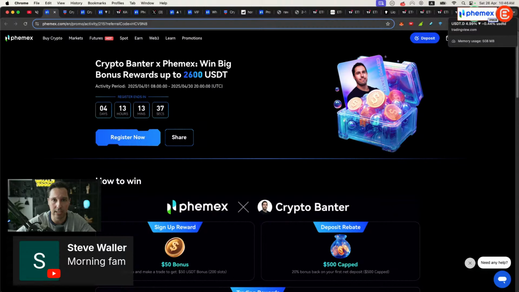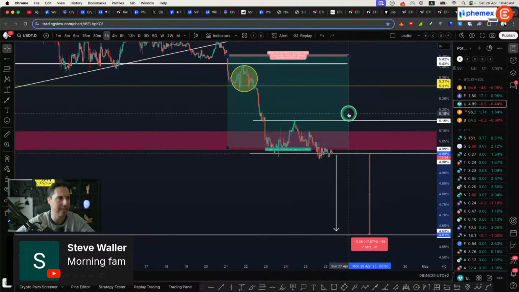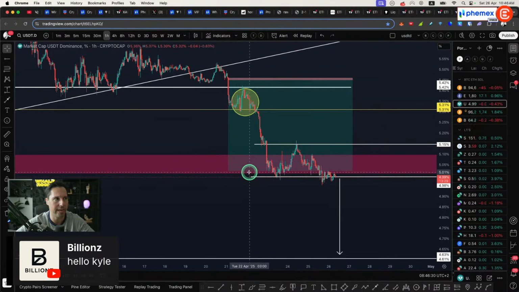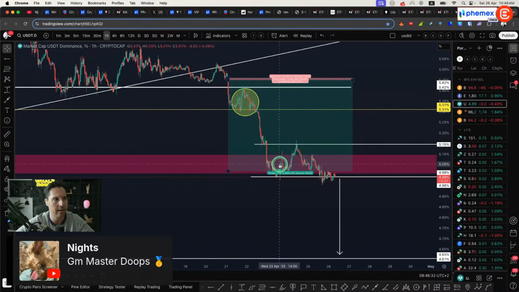So let's get into what the trade looks like, why I'm thinking of taking this trade, and then we can get into the rest of the content. So USDT dominance, we timed the breakdown over here pretty well. We said when the order block occurred over there, we're looking at continuation towards the downside, and we got exactly that. Now you're consolidating into where the prior support was.